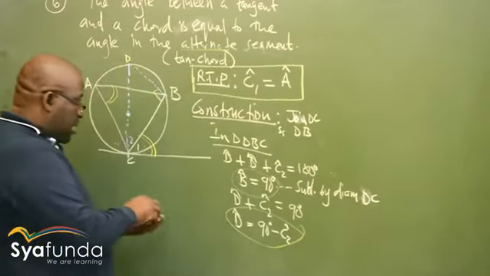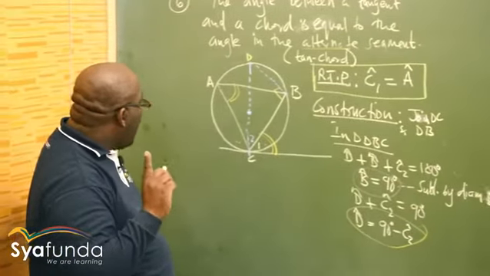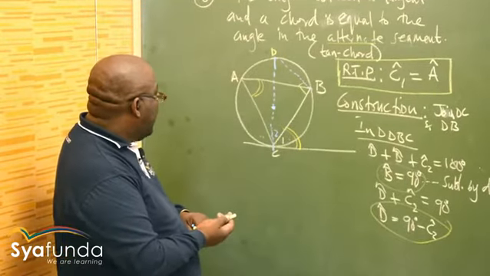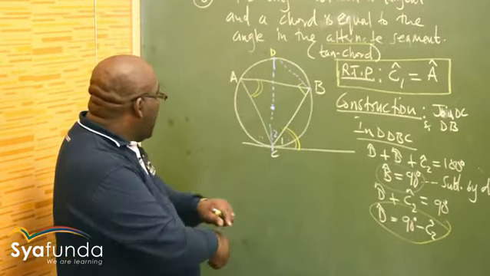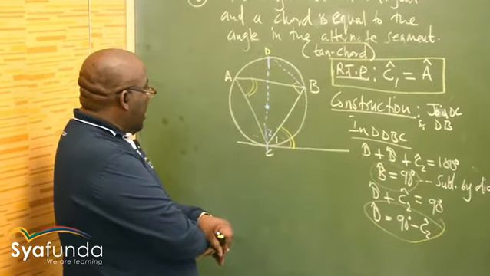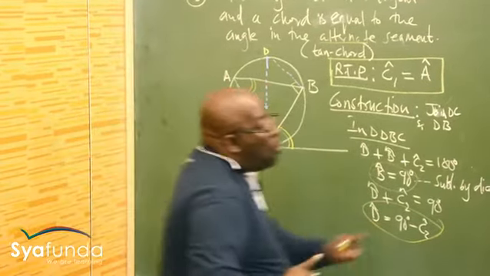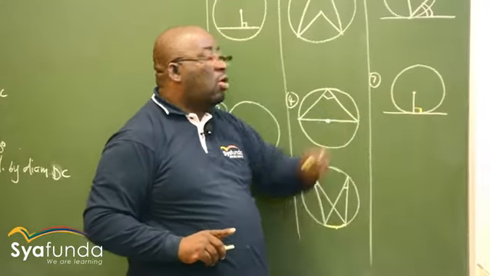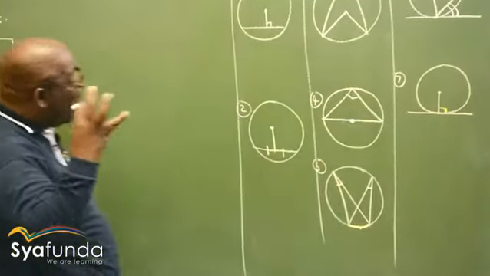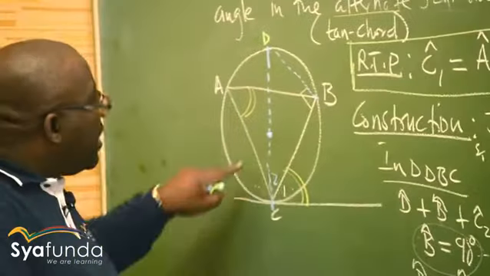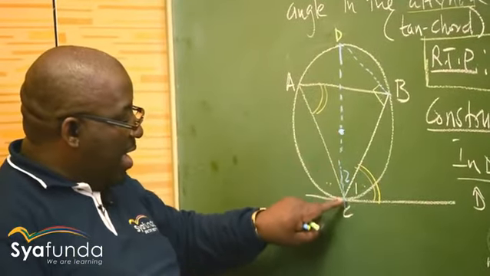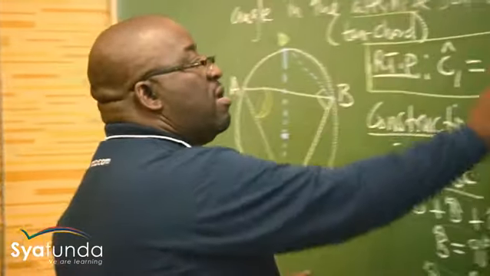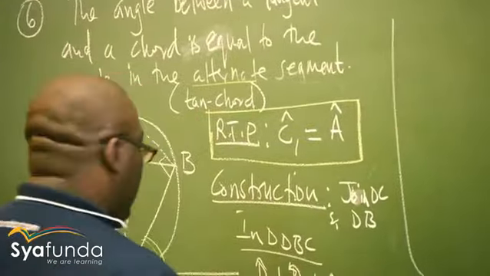Right, let's take this a step further. We now know our D is equal to 90 minus C2. What is going to be our C1? Look here. Whenever we've got a radius that is going to meet a tangent, it will always be 90 degrees. I want to bring my 90 again there. So I know that this is a radius from there to here, and it meets a tangent. Remember where we ended.